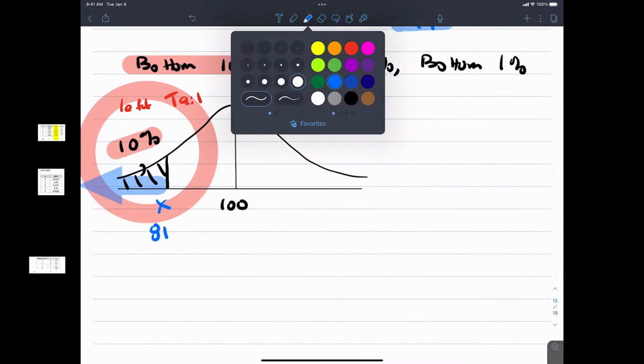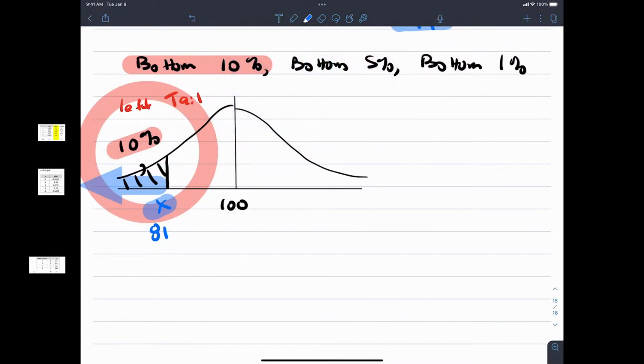Still 81. Do you have the default or do you have the other one?